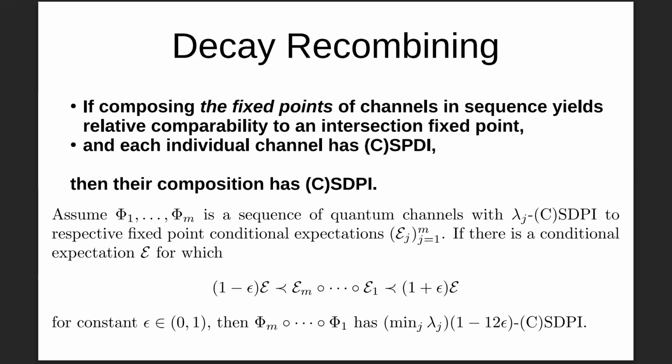The other thing that turns out to be very useful now is that, say you have a sequence of channels and they all have this CSDPI contraction coefficient, and their fixed point projections all converge or compose in a way that in relative error is comparable to the intersection subspace, then you get a DPI constant for the composition of the channels.